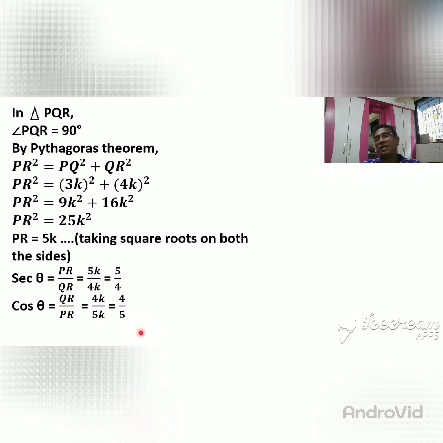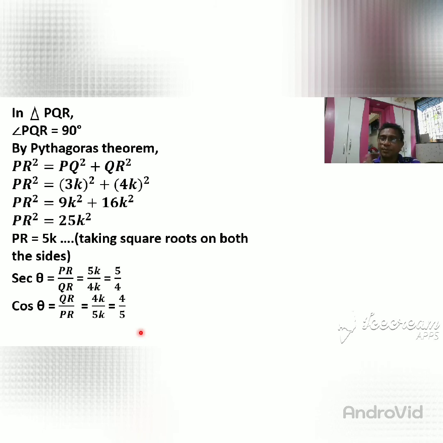Okay, so this can be solved by Pythagoras theorem. I think 80% of students solve it by this method, because it is very simple for all students to understand and solve the problems. But don't depend only on Pythagoras.